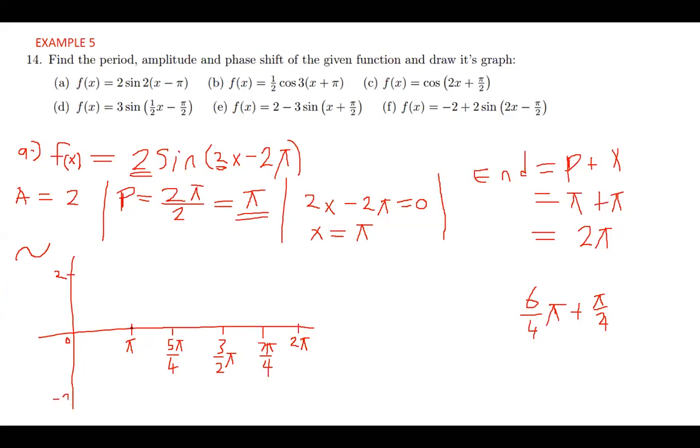So my curve is going to move like that. My turning point will be there, and then it's going to cut this line of axis there. Then it goes down up to the negative period, and then comes back there. This is how my curve is going to come out.